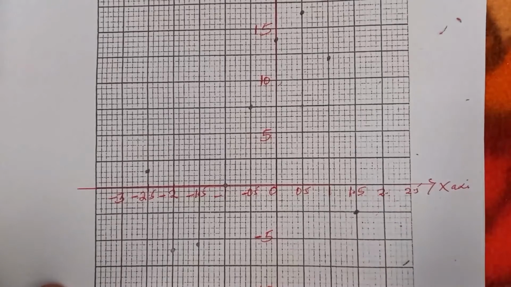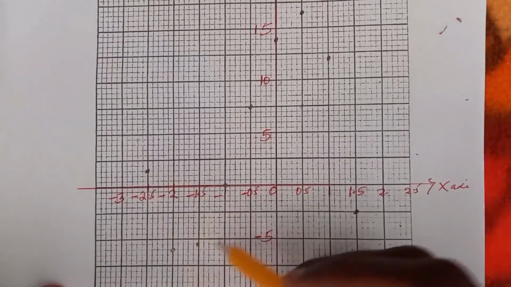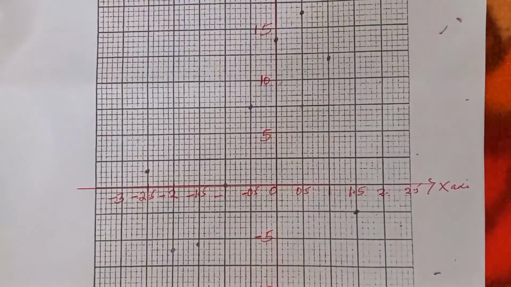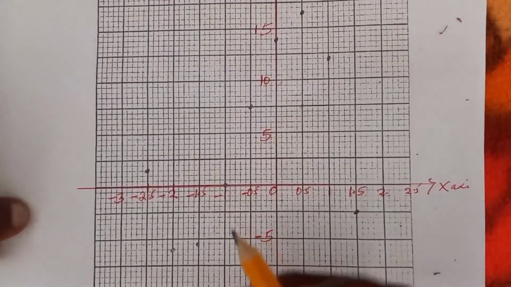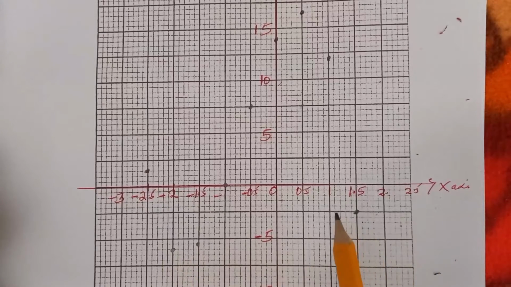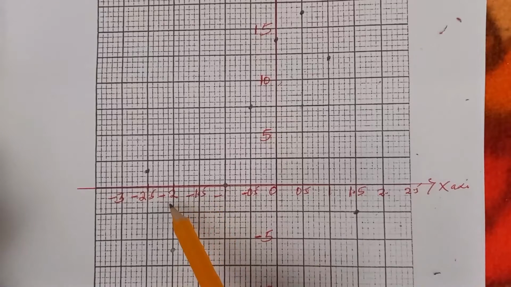So now you have all the points plotted. You need now to join the points using a smooth curve. Looking at these points, at this point here, you can introduce another point, any point between negative 1.5 and negative 2. This will make it easier for you to draw a smooth curve.